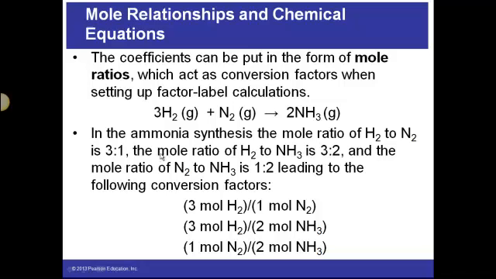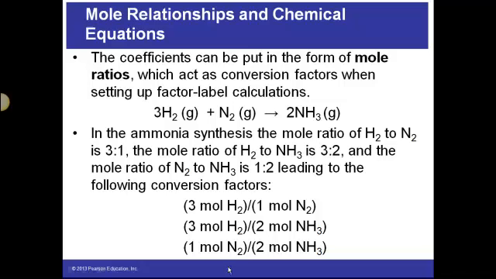So we could say that the mole ratio of hydrogen gas to ammonia is 3 to 2. So for every 3 moles of hydrogen gas, it's possible for us to make 2 moles of ammonia. And then the mole ratio of nitrogen gas to ammonia is 1 to 2. For every 1 mole of nitrogen gas, if our hydrogen's unlimited, we could make a total of 2 moles of ammonia.